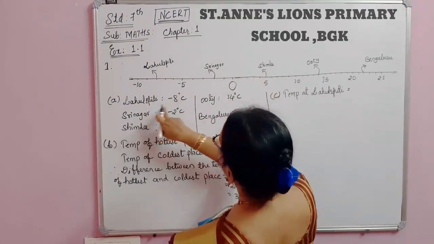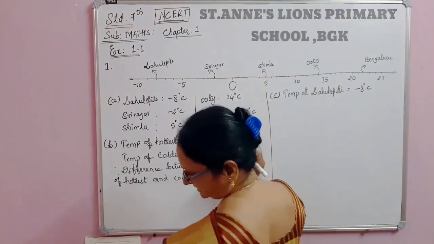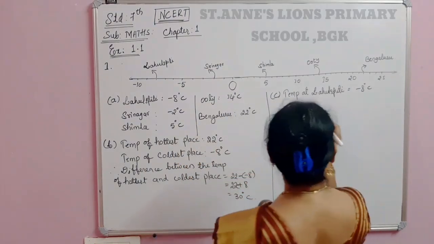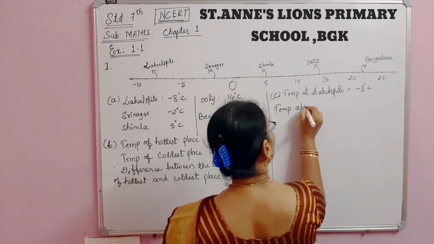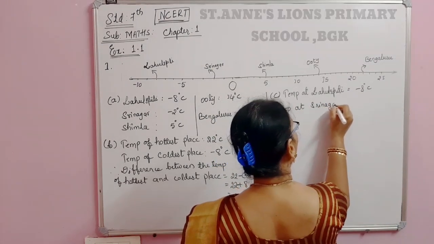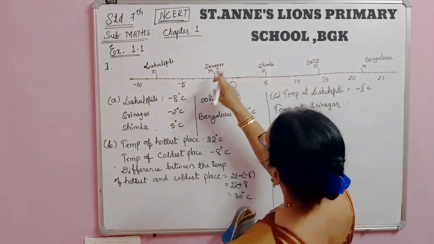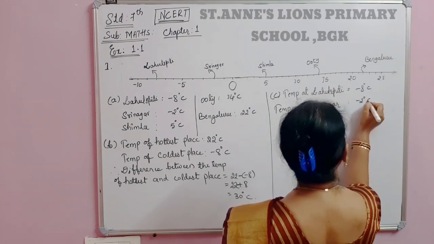See, Lahul Spiti temperature is minus 8 degree Celsius. And then what is the temperature at Srinagar? Srinagar is minus 2 degree Celsius.